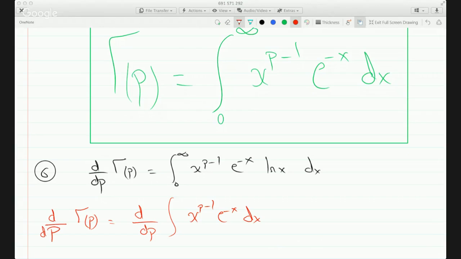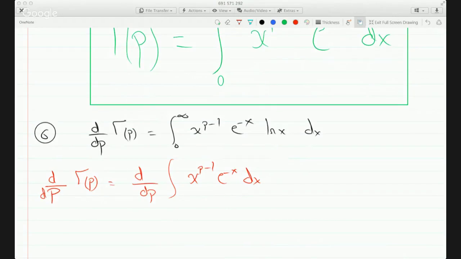Now in calculus, as long as the function is continuous from 0 to infinity, I could move the derivative inside the integral. So this is the same thing as the integral from 0 to infinity of d over dp of x to the p minus 1.